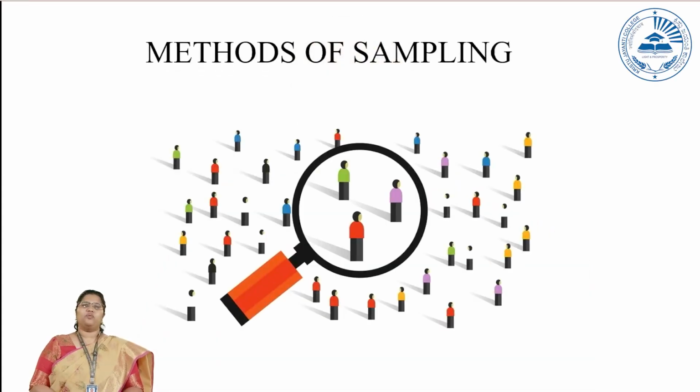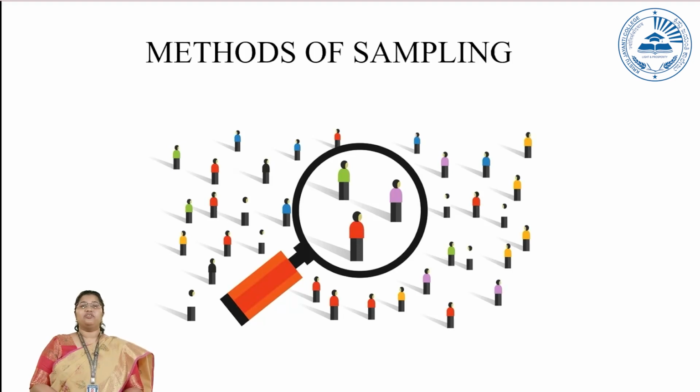As we all know, what is a sample? From the entire population, when we take out a part of it to conduct our study, that process is known as sampling, and that small part is known as sample. If I want to conduct a research on understanding the consumer buying behavior in India, then I cannot do the research on each and every person living in India.